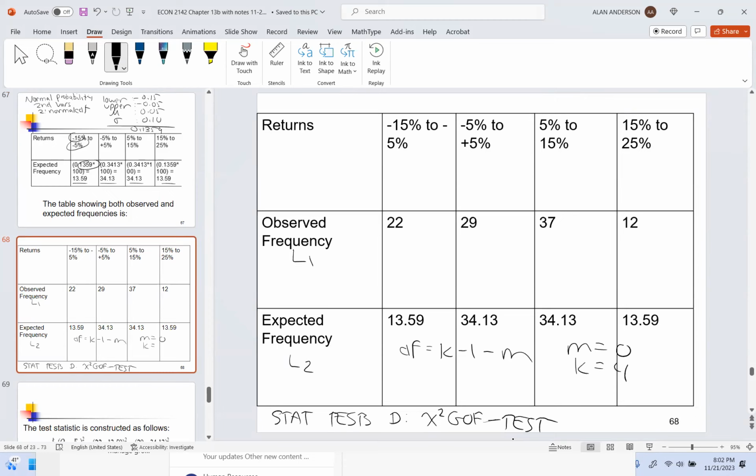K is 4 again. So degrees of freedom is 4 minus 1 minus 0, which is 3. So once you plug those in, let's see what you get. All right, I'll give you a minute to do this, and then we'll see what we got.